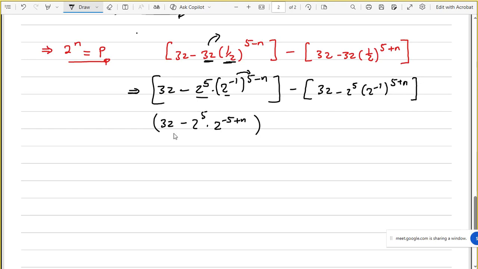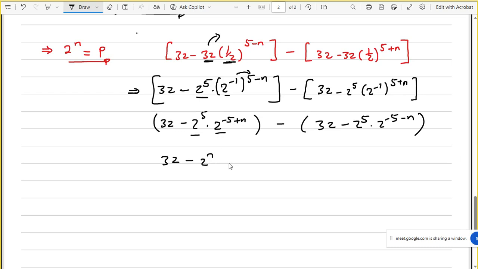Then we still have to subtract this from 32 minus 2 to the power 5 times 2 to the power minus 5 minus n. Then the bases are the same, let's add the exponents. 32 minus 2 to the power 5 plus 5, that's 0. 5 plus minus 5 is 0. Then we are left with n.